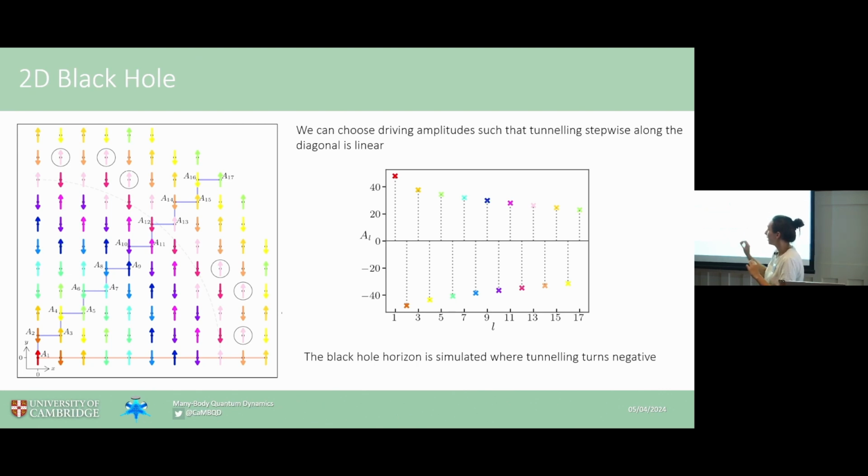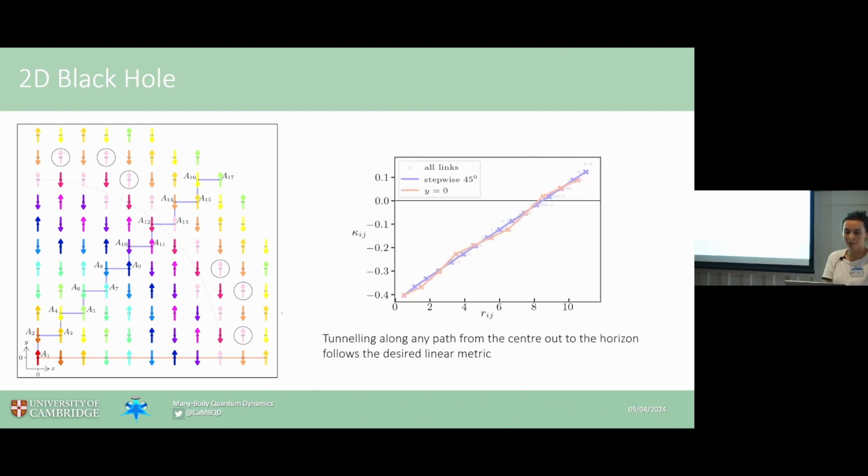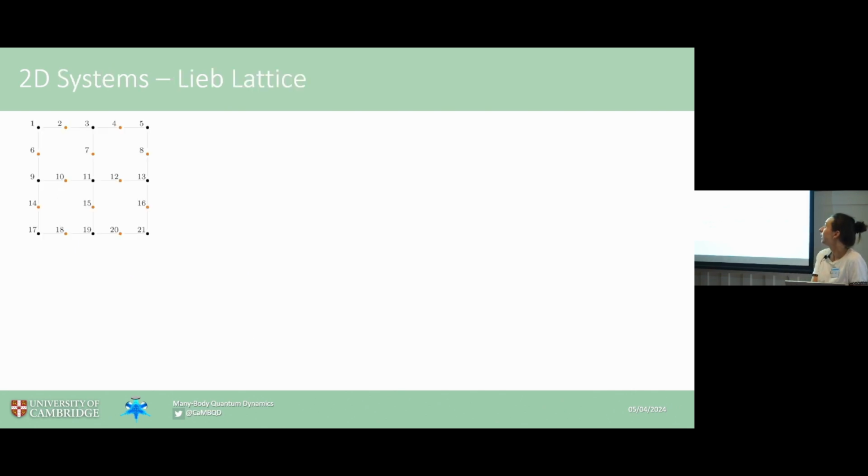We can initially do this for a stepwise movement along the 45 degree, and then we can smartly fill in all the different amplitudes that we need to ensure that any stepwise walk in some radial direction gives us a linear tunneling metric. And this would encode a two-dimensional black hole.